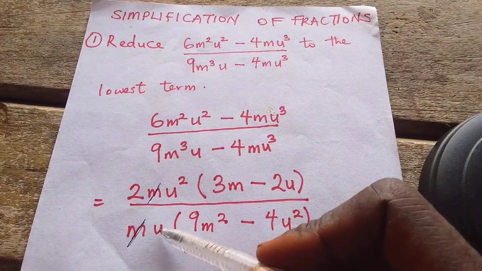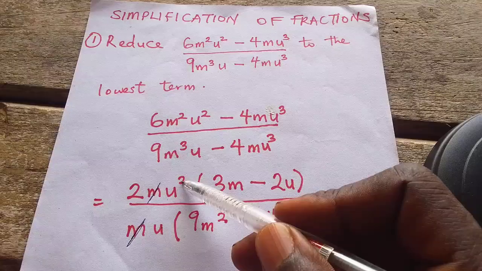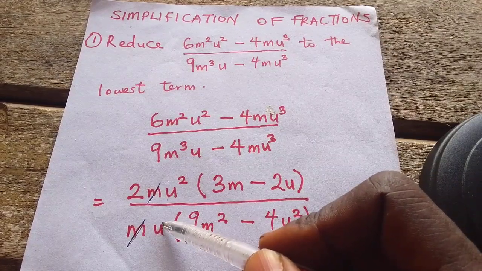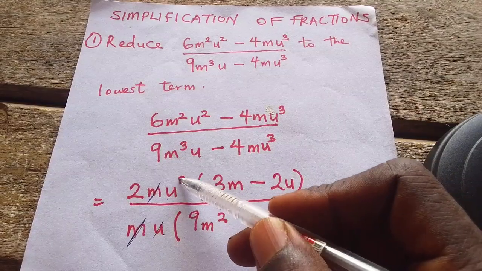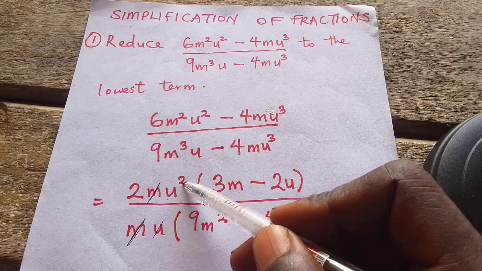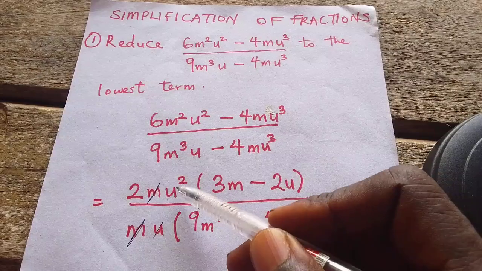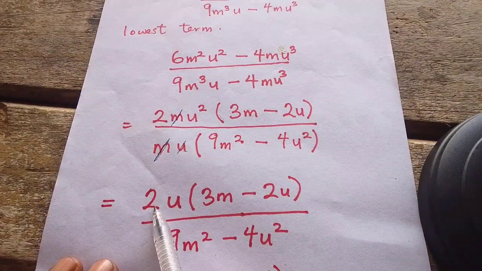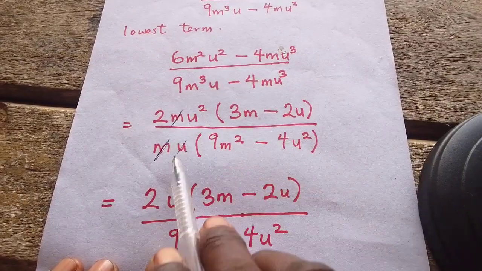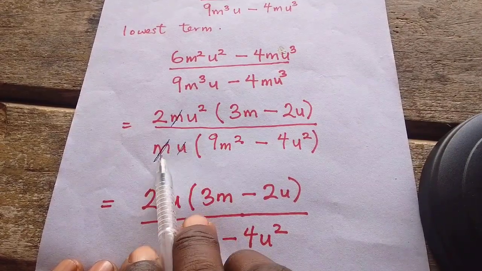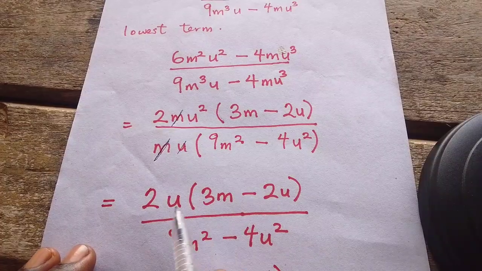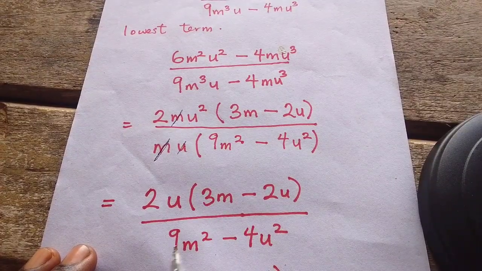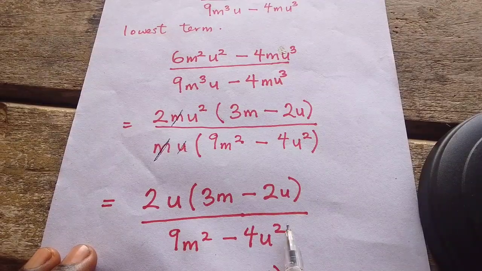Then we have u² here and u here, so you subtract their powers, 2 minus 1, which gives u. You are left with only 2u times the bracket 3m − 2u over 9m² − 4u².